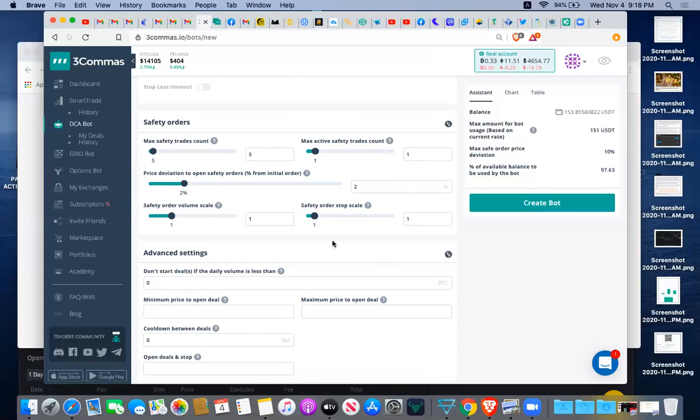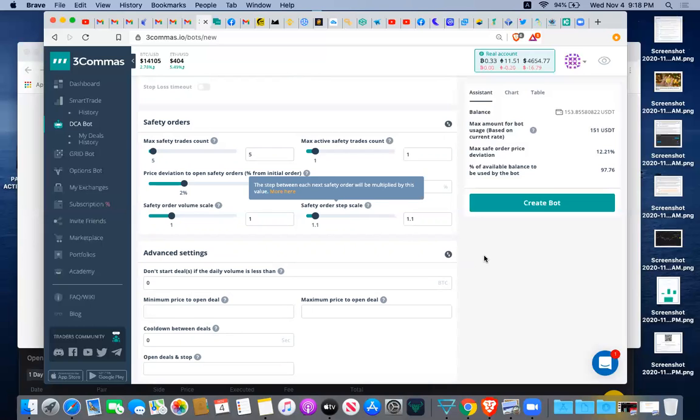Safety volume scale. You may just leave it at 1 as it was, or you can make it buy more as it drops. Look at what it means. It says the step between each next safety order will be multiplied by this value.